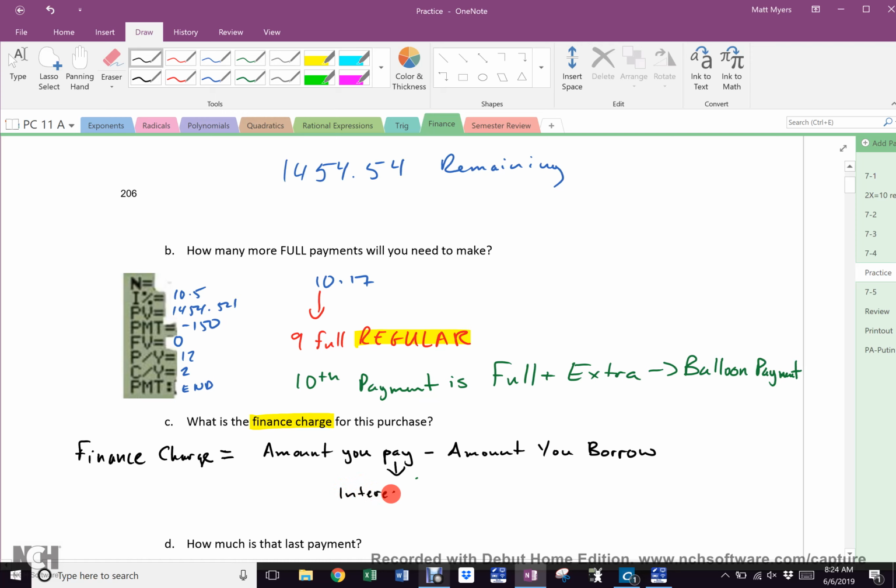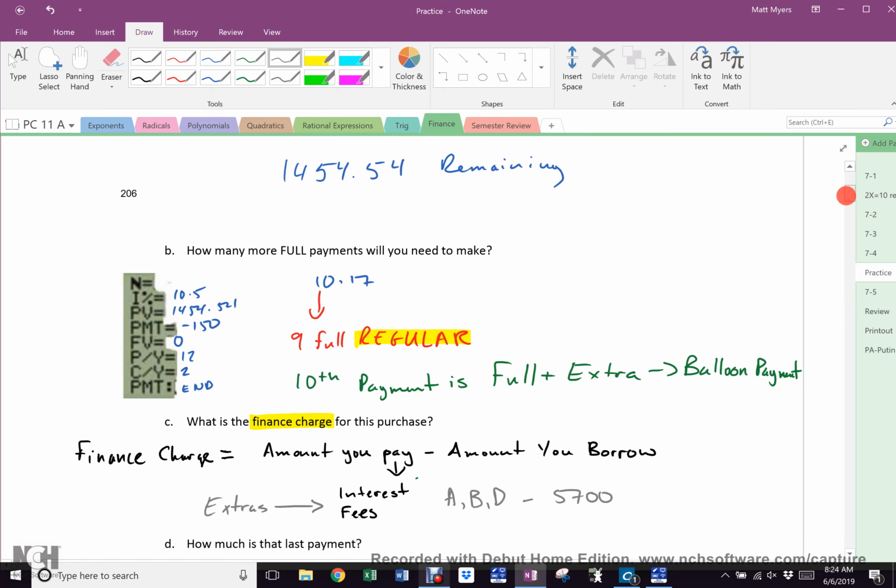Interest, fees, all right, everything like that. This is all your extras. So in this case, it's going to be all the stuff we paid, which is everything we've been working on in this question. So part A, part B, part D, right? All added up, minus 5,700. Everybody cool? All right.